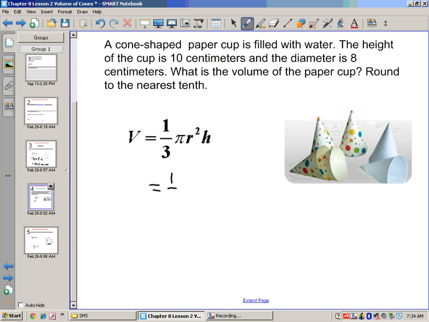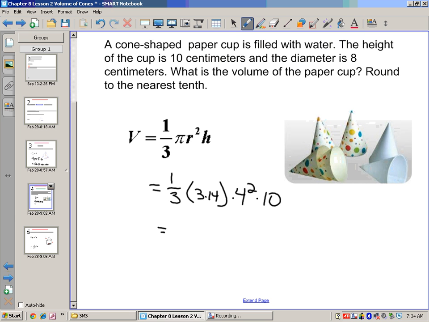Here we have our 1/3. We have our pi. We're going to write 3.14 this time. Times our radius. Our diameter is 8. Radius is half, so we're going to have 4 squared times our height of 10. Again, we punch that in the calculator.